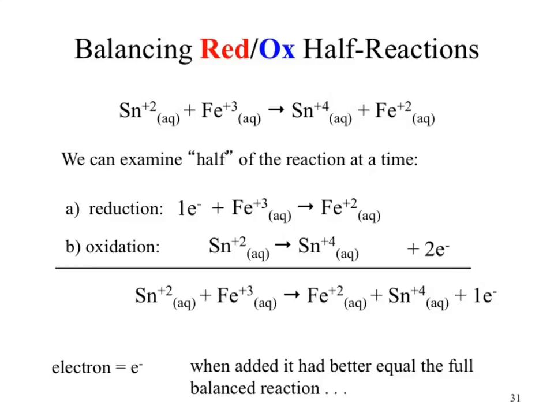So now when I go through and add those two equations directly as written, what do I notice? There's a free electron floating off on its own. That electron cannot exist on its own. Which means I have to go back to these equations and say, how do I manipulate what's up here to make sure no electrons come out of this, either as a product or as a reactant?